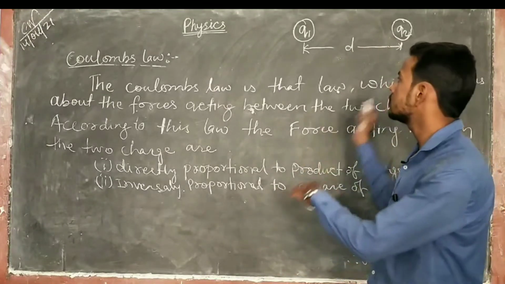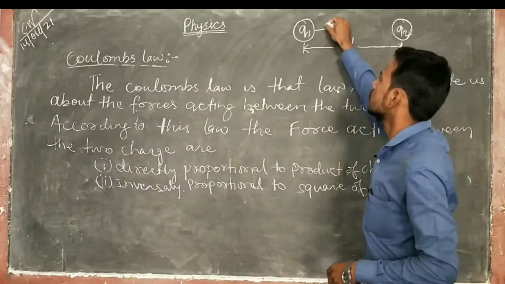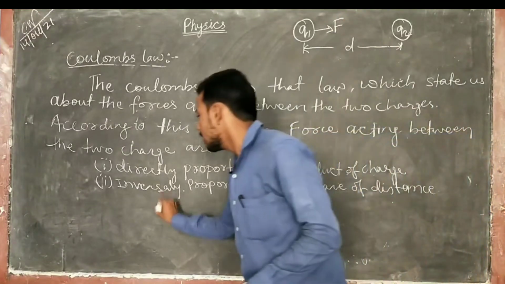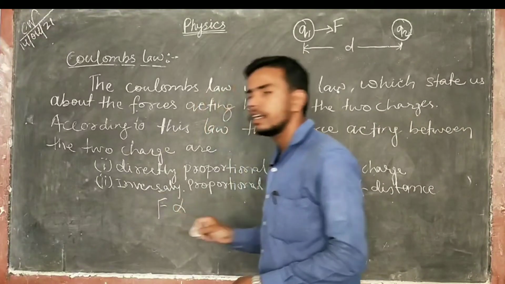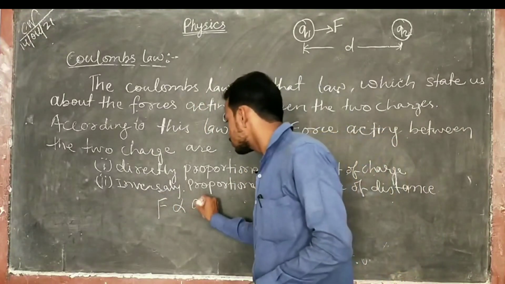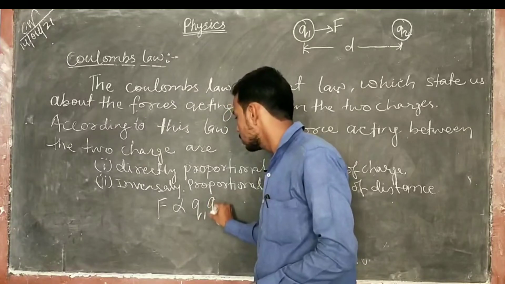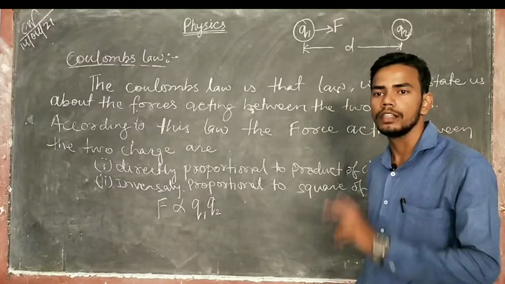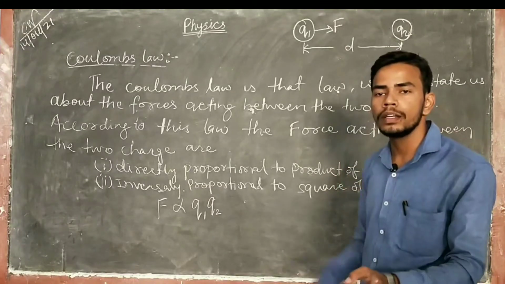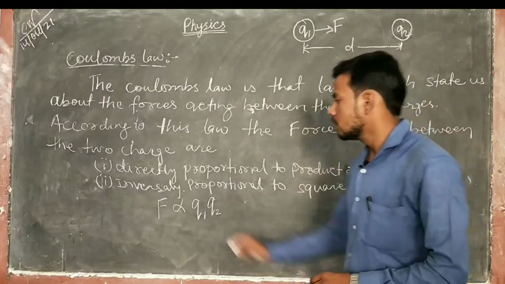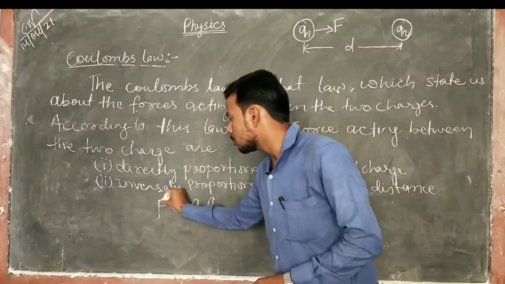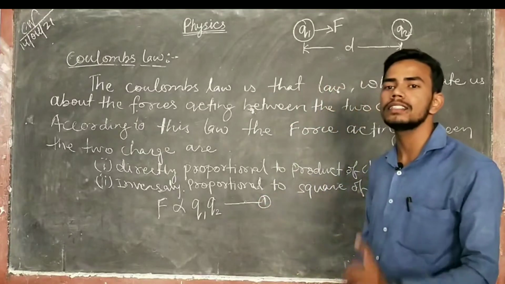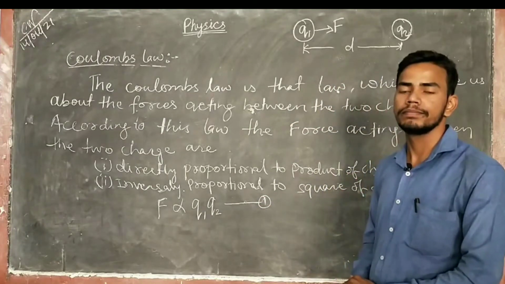Then the force that will act between them would be directly proportional to the product of charge. The product of charge means Q1 multiplied by Q2. So here I have written force directly proportional to the product of charge, and I am making this equation 1.